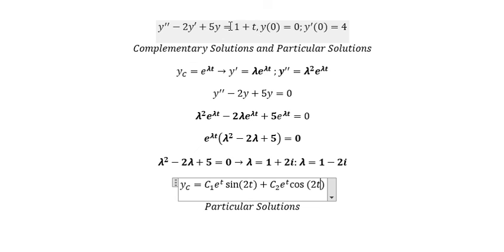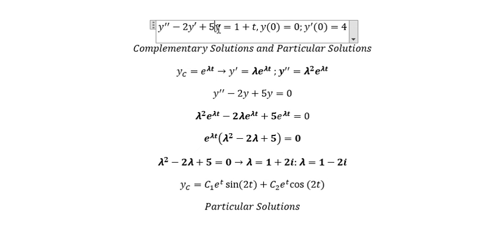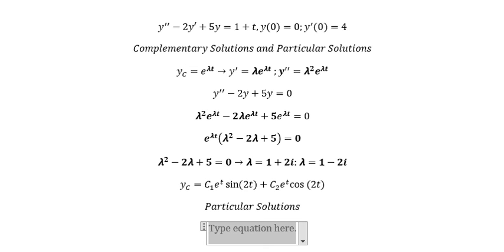About particular solution, we have 1 plus t in here. So y particular should be put about a1 plus a2 t. So first derivative you got about a2. Second derivative you got about 0, because this is about constant.